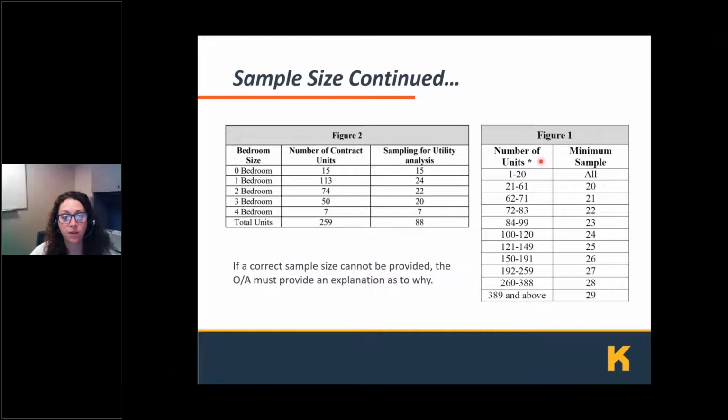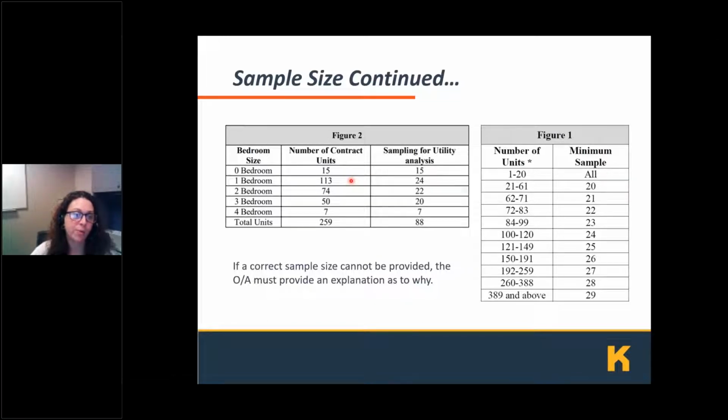So if we look at the figure 1 and we find where 15 falls, between 1 and 20, it'll tell us the minimum sample size that's required. And in this case, it will be all of them. So they'll have to supply all 15 units.